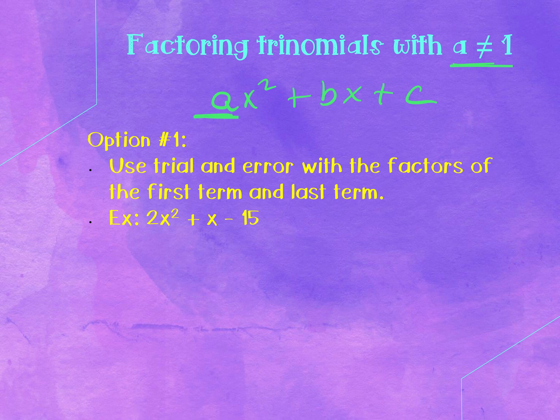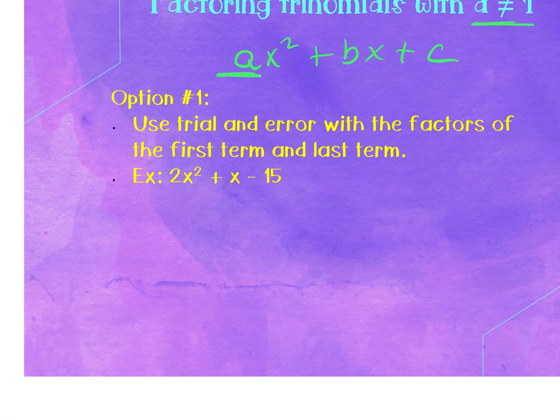So if you're using the trial and error method, you're going to list all of the factors of the first term and then list all of the factors of the last term until you can find the combination that will work together. So for example, when the numbers are kind of small, or even if they're prime and they don't have a lot of factors, trial and error may be faster than factor by grouping.